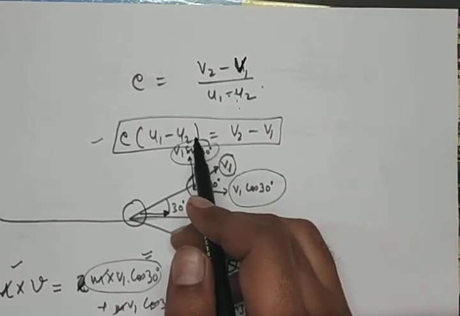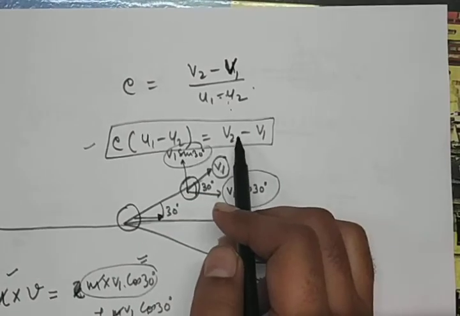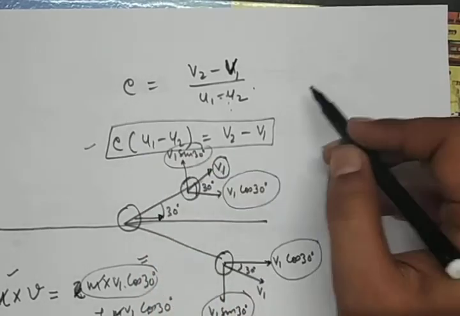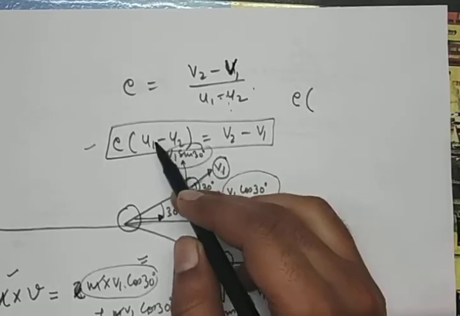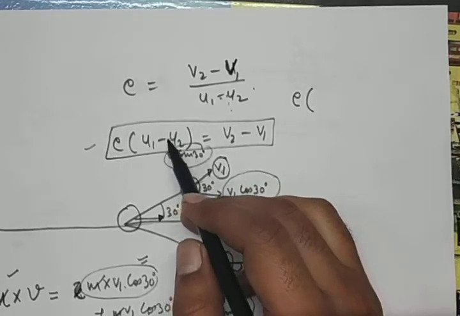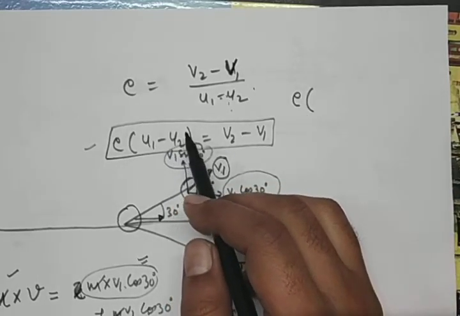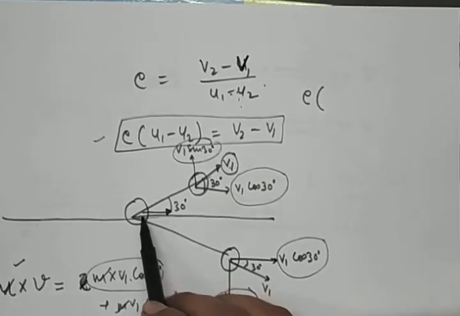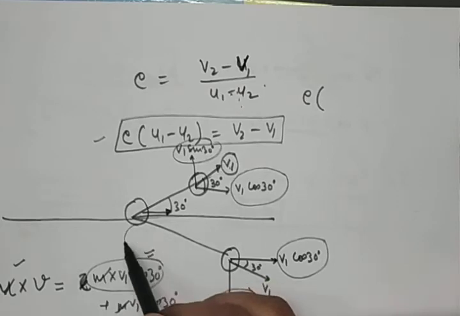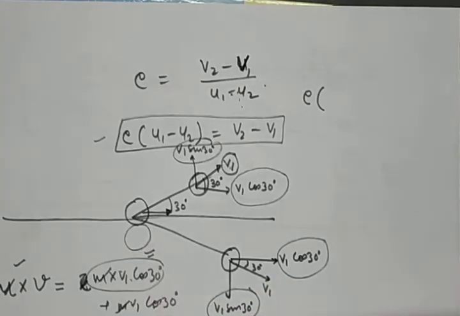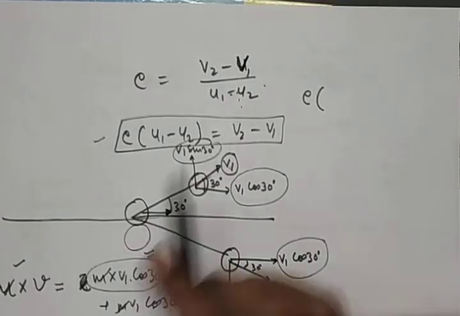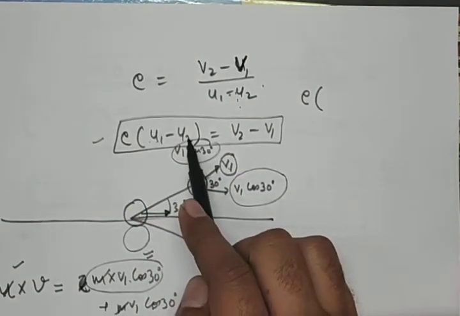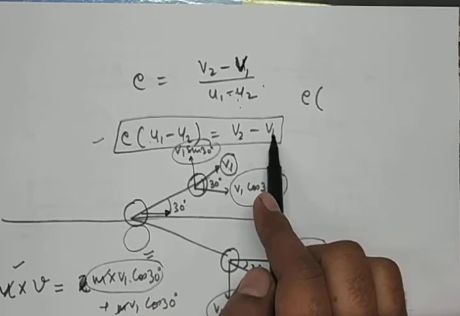Okay, so from here, what is the initial velocity? Let me calculate the initial velocity of the body. This ball is initially at rest. These two balls are initially at rest. So from here you can apply u1 minus u2 equals v2 minus v1.